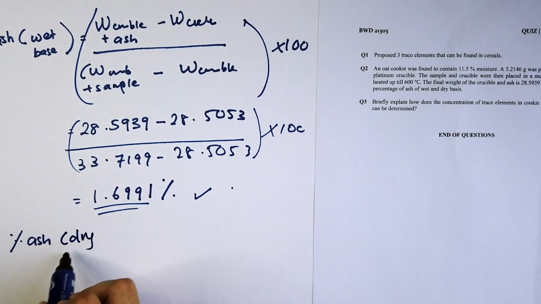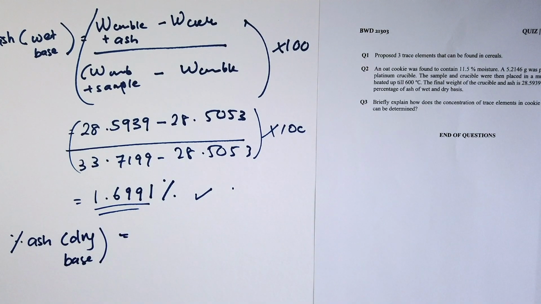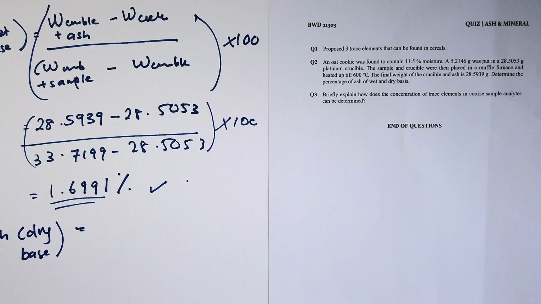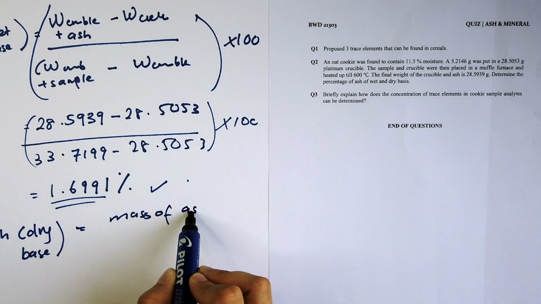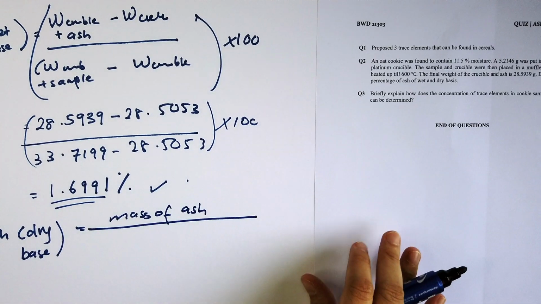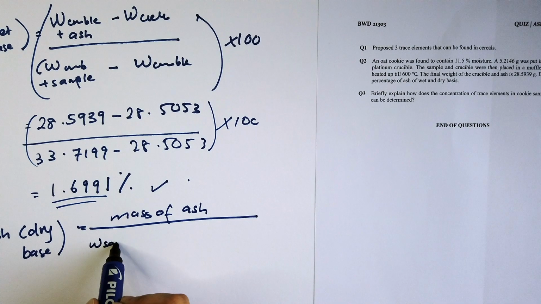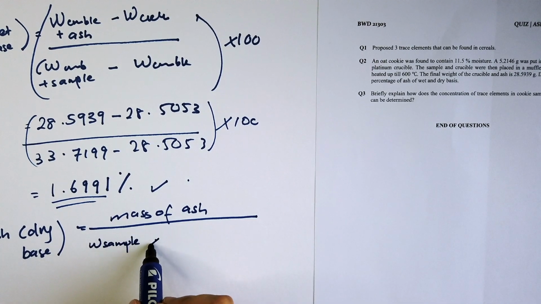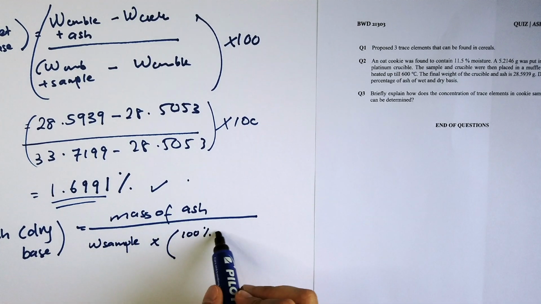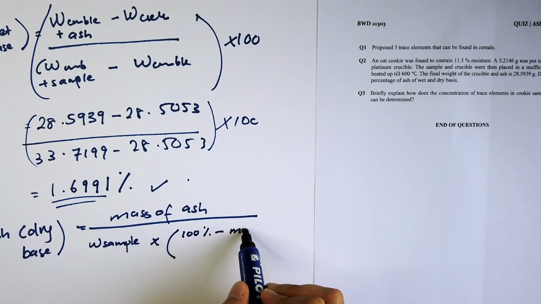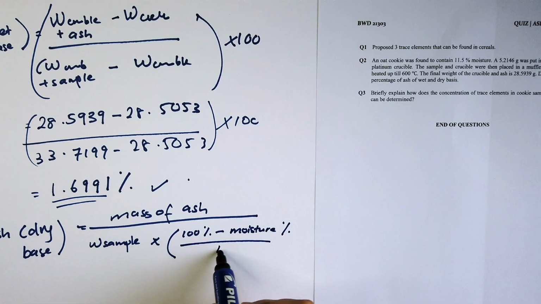For percentage of ash for dry base, you need to have mass of ash divided by the original weight of sample times 100% minus moisture percentage divided by 100%.